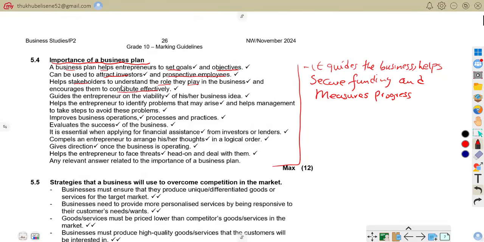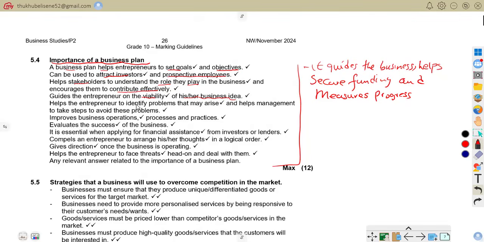Through a clear business plan, employees and suppliers will know the role they have to play in the business. Also, it guides the entrepreneur on the viability of his or her business idea. So it is with a business plan that you are going to be able to see whether your idea is viable or not.